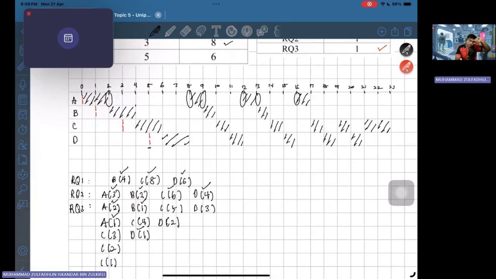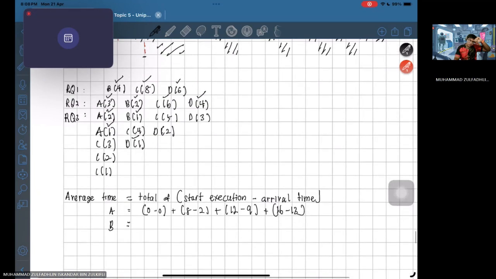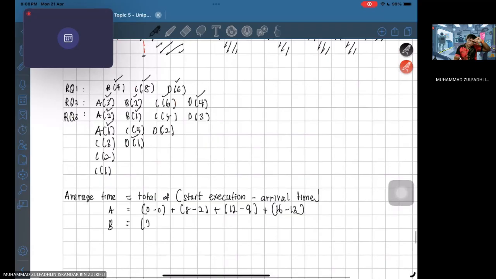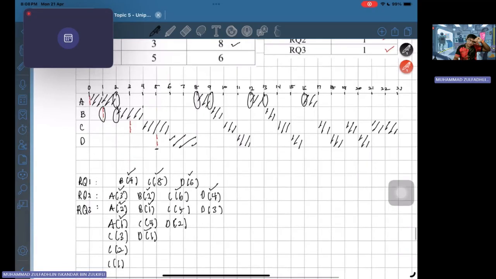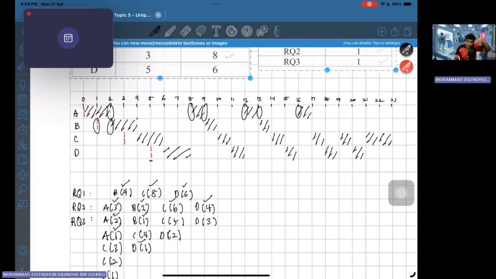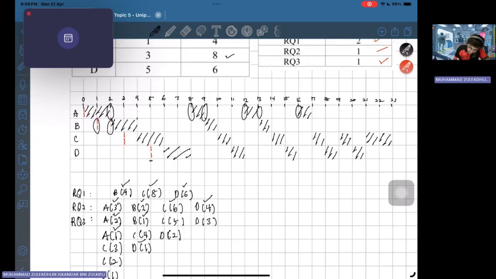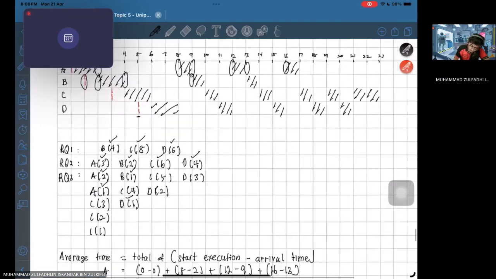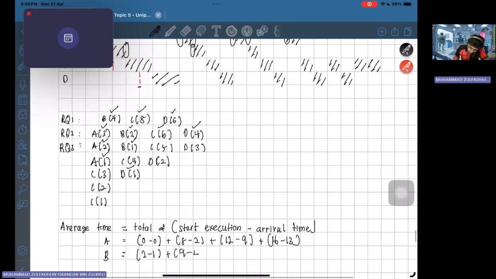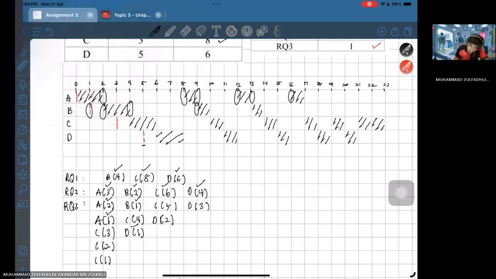And then for B, B arrived at T equal to 1, and it starts execution at T equal to 2. So 2 minus 1, plus 1 second iteration. It starts execution at T equal to 9, and then it arrived at T equal to 4. So 9 minus 4.